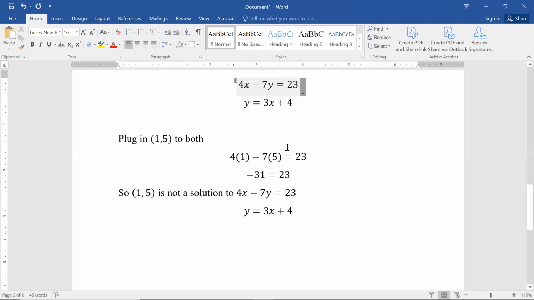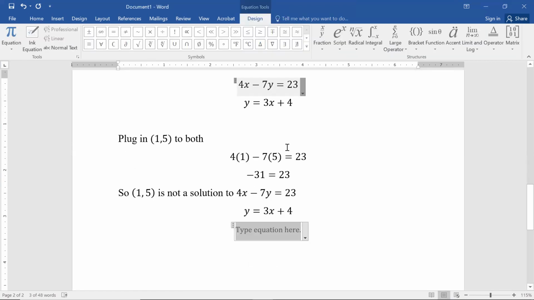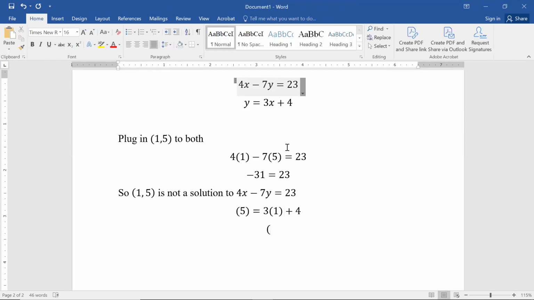If I plugged in 1, 5 to that, I'd end up replacing the y with 5, the x with a 1, and my equation becomes 5 is equal to 7. So 1, 5 doesn't work there either.